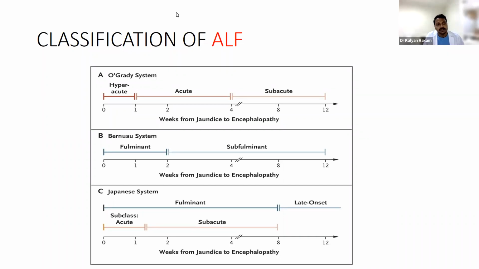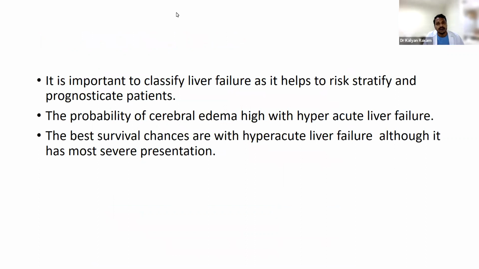So why is it important to classify ALF into hyperacute, acute, and subacute liver failure? Because the classification helps to risk stratify and prognosticate patients. And also the probability of cerebral edema is very high with hyperacute liver failure. A patient coming with jaundice to encephalopathy in less than 1 week is called hyperacute, and these people have a very high probability of cerebral edema.